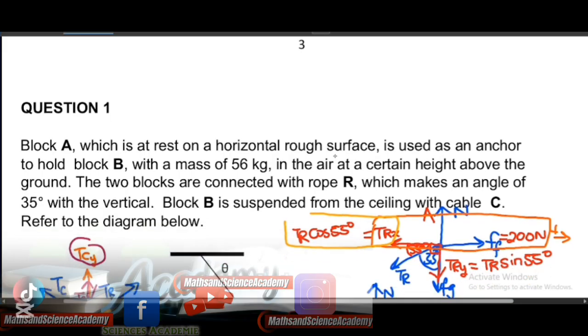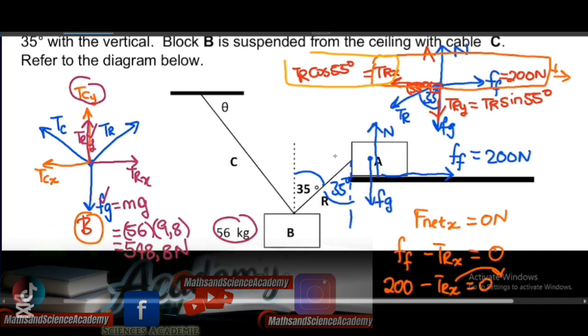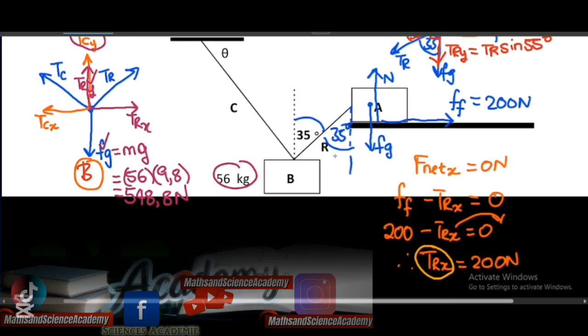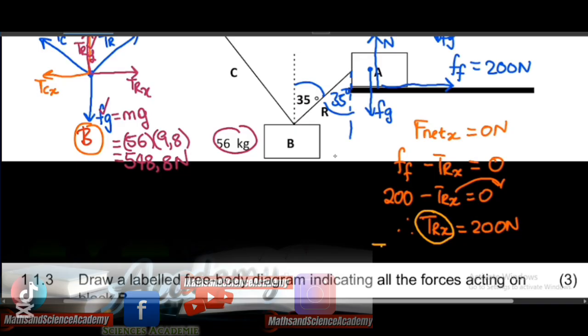So we'll substitute that formula there. We'll say Tr cos 55 degrees equals 200 Newton, and then we'll divide by cos 55 on both sides.